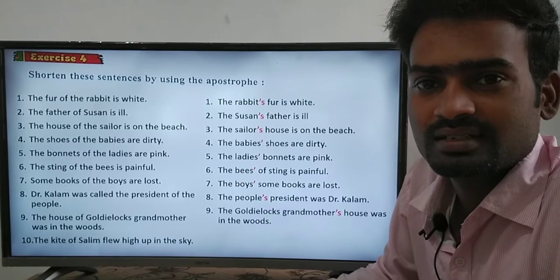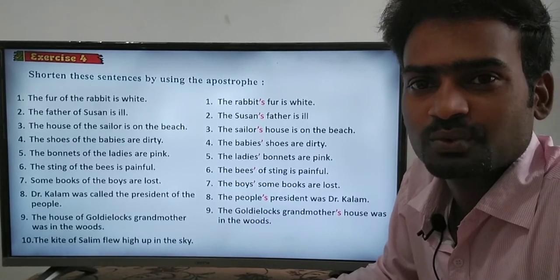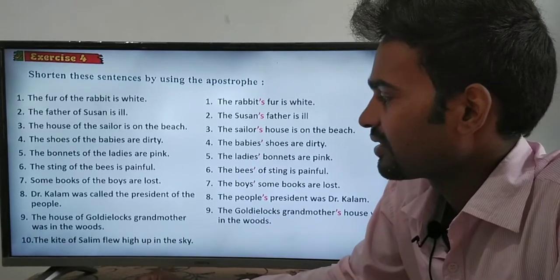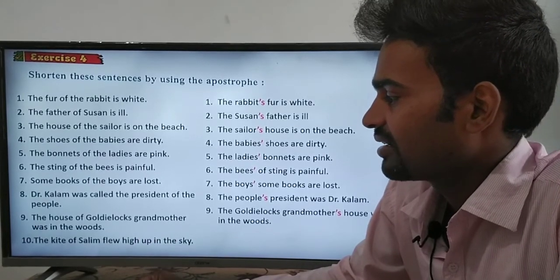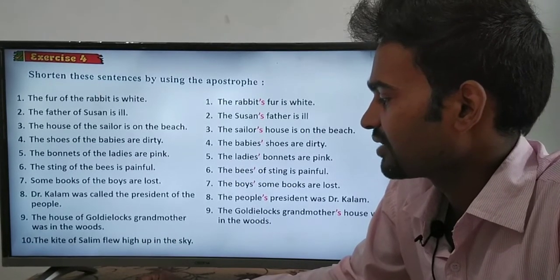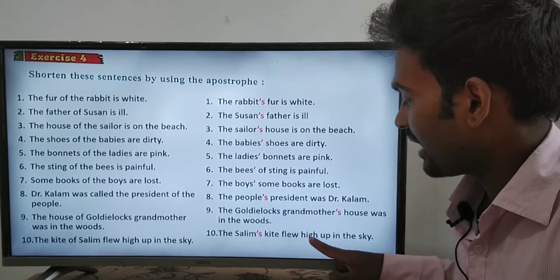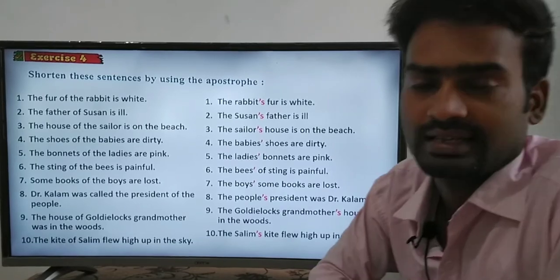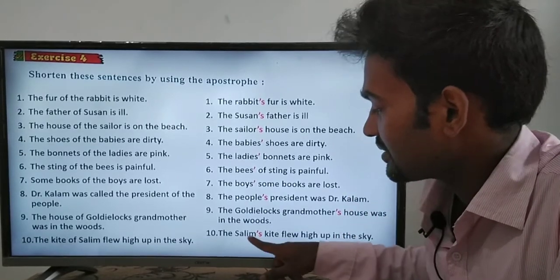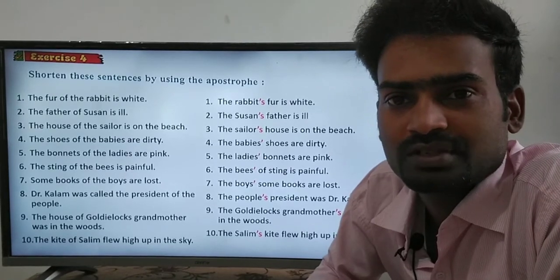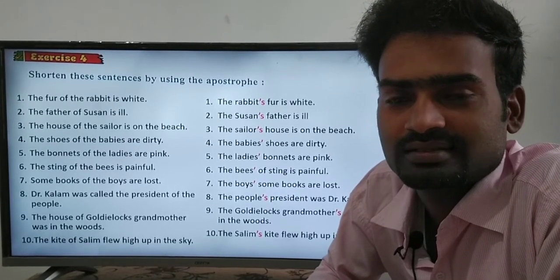We made grandmother's house. When we ask the question, whose house? Grandmother's. The last one, the kite of Salim flew high up in the sky. So Salim's kite flew high up in the sky. Whose kite? Salim's, singular person, singular noun. So we use apostrophe s.